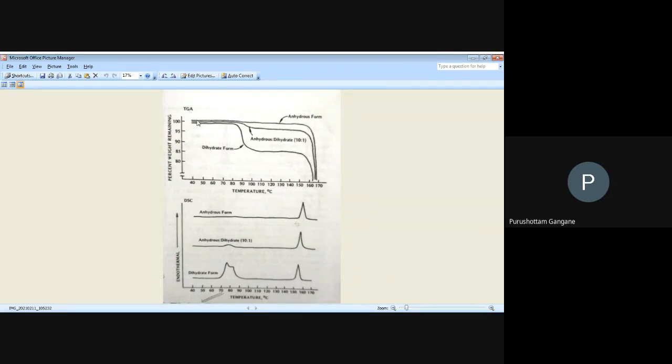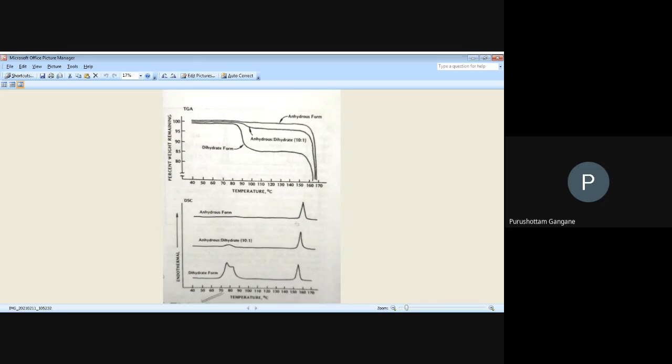So here weight gain or loss is measured, and in case of DSC and DTA, heat loss or gain is measured. In DSC or DTA, heat loss or gain is measured, and in TGA, weight loss or weight gain of a sample is measured.